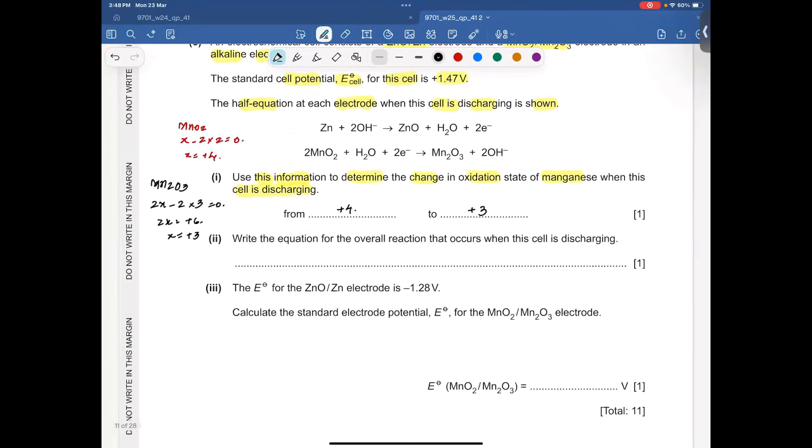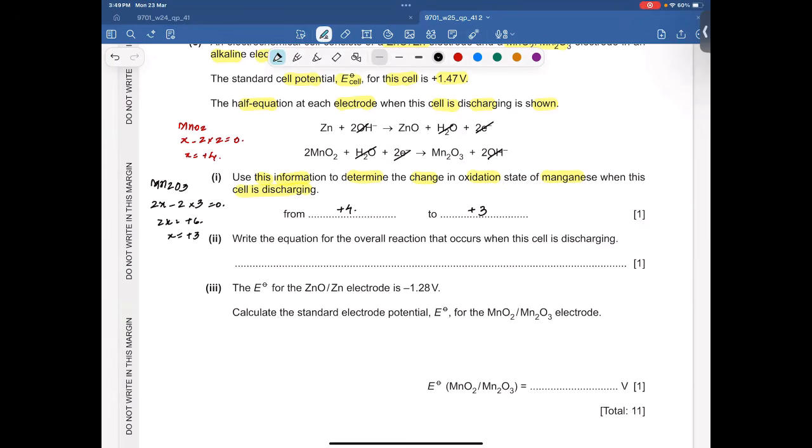Write the equation for the overall reaction that occurs when this cell is discharging. This is an oxidation reaction because electrons are lost, and this is a reduction reaction because electrons have been absorbed. The number of electrons are balanced, so we need to cancel them out, and then we'll write the overall equation. Also, we need to cancel water and hydroxide ions.